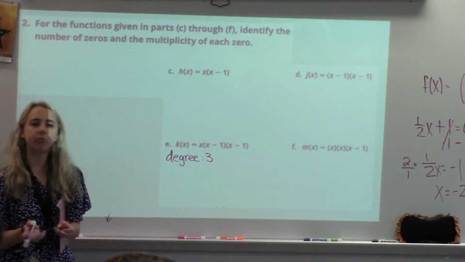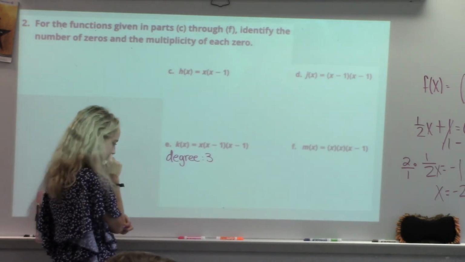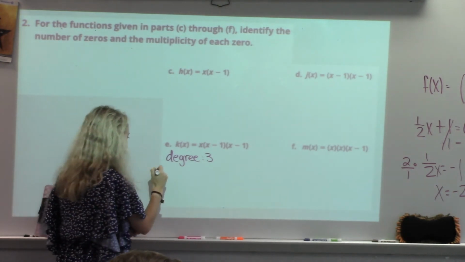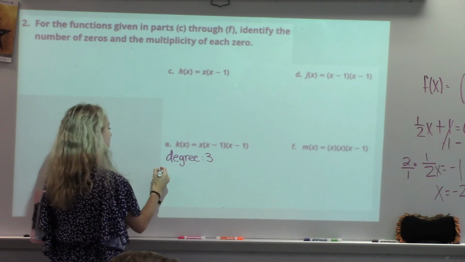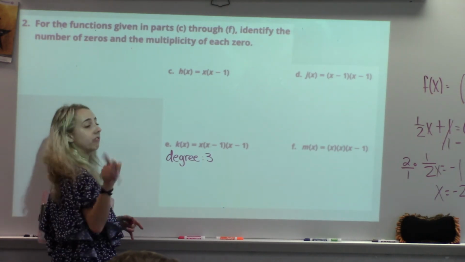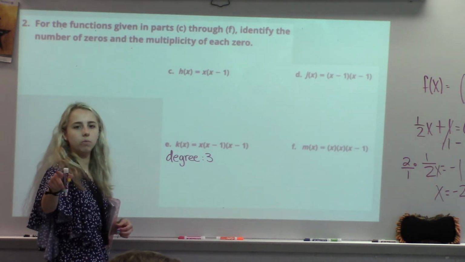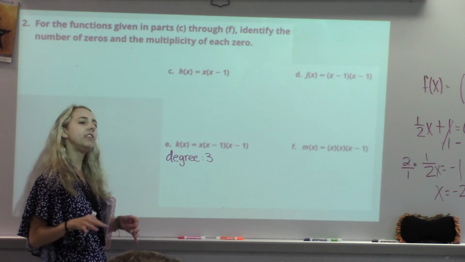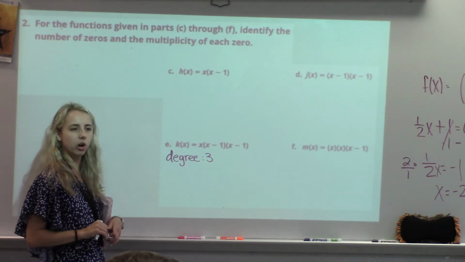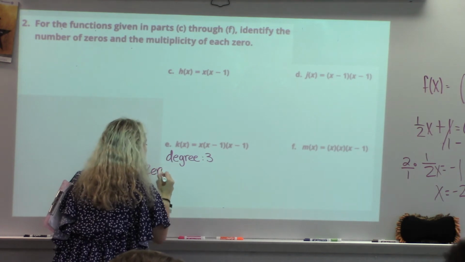How many zeros did we say we had? We got 3 zeros. What's my first 0? 0. So we have a 0 at 0. What's the multiplicity of that one? How many times do I have a 0 at 0? Just once. Okay, so I have a 0.